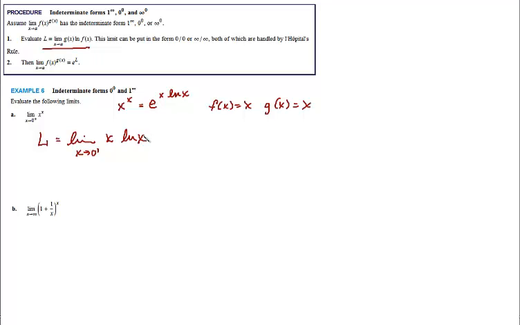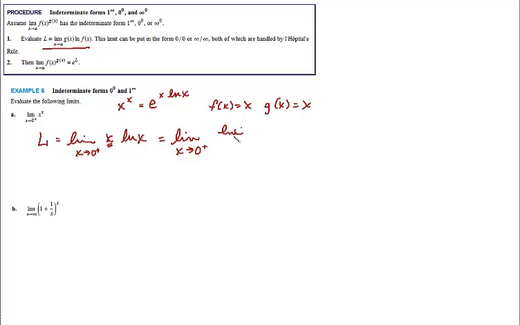Okay, now once I have this, I can see that 0 plus. I don't have any form that I can use L'Hopital with. So I'm just like, well, okay, can I rewrite? Ooh, I've got this product here, so guess what I'm going to do with that guy? Do what I did in the previous example.